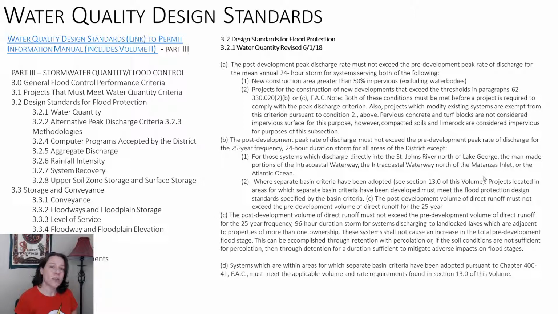And they have specific things where if it's discharging to a certain waterway, it may have even more stringent criteria. And then we have the post-development runoff for a 25-year 96-hour, and that's for systems that are landlocked. We don't have technically a landlocked basin because on our design project we can probably discharge off to the north to Lake McCoy. I believe that's the name of it.